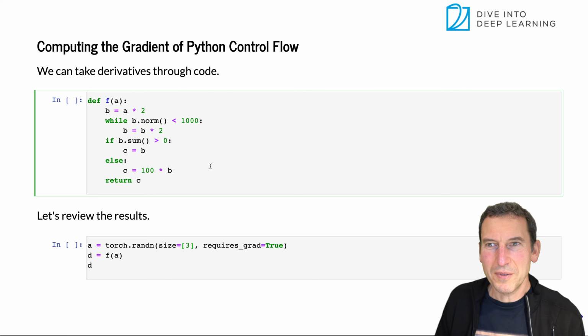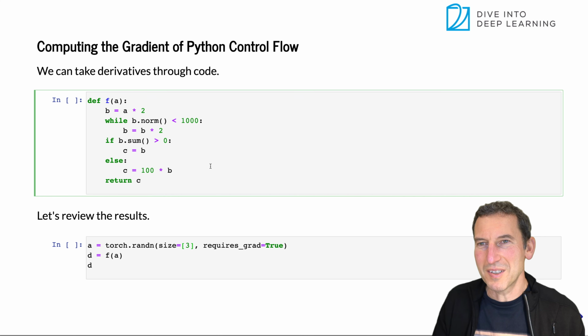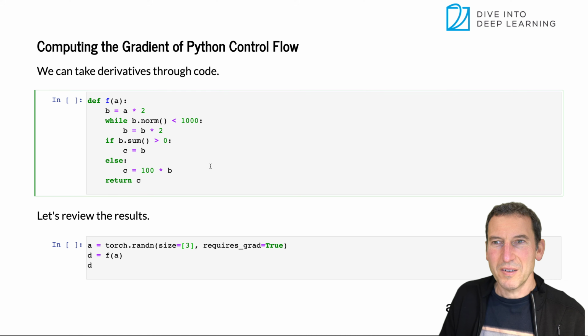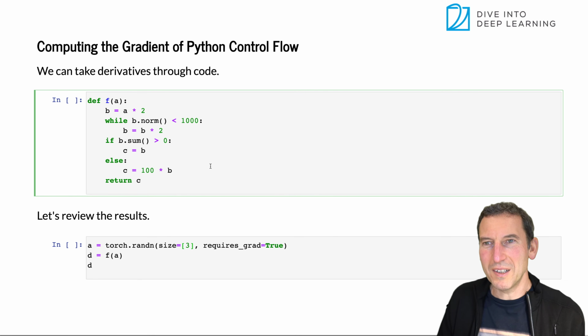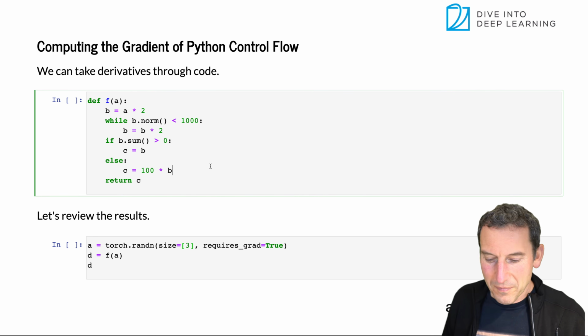So if you go through all this control flow, you can see that actually the output of this program is just the input times some scalar. And it's just that that scalar is some power of 2 and then possibly times 100. Okay, so this is, as said, a really useless piece of code, but this is really just to explain that there's a while loop and an if-then-else.